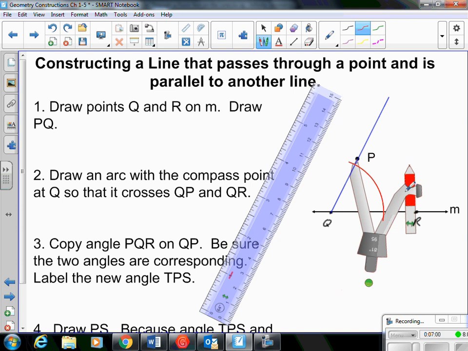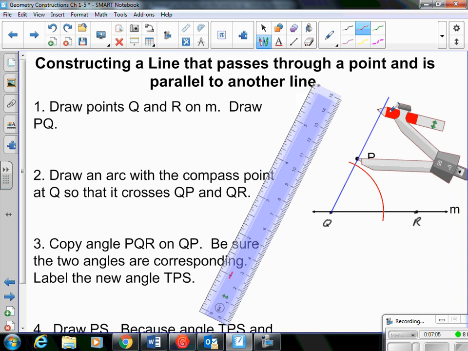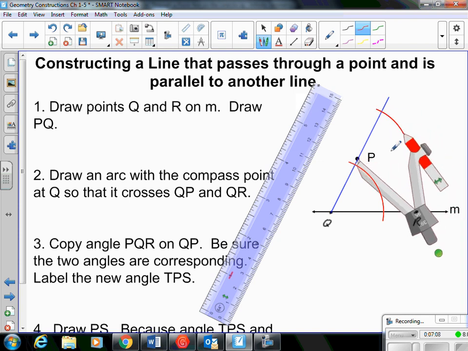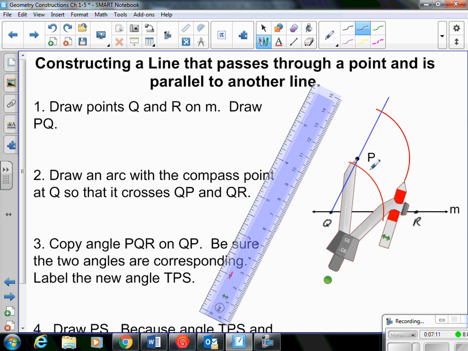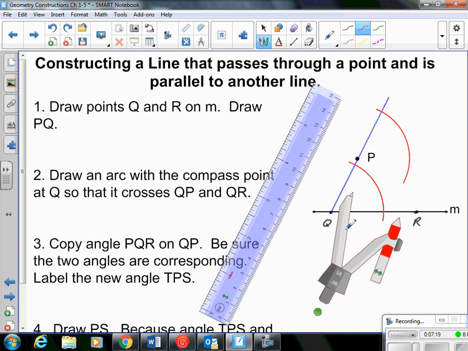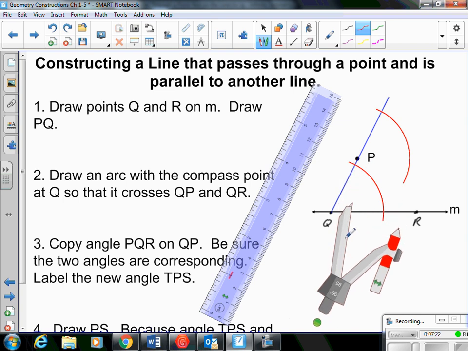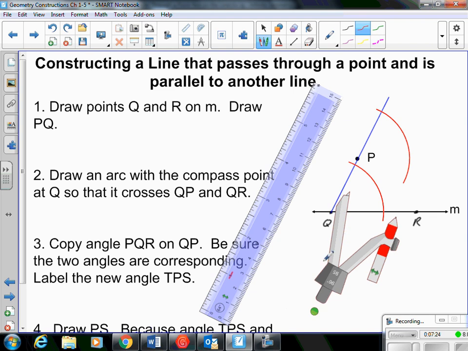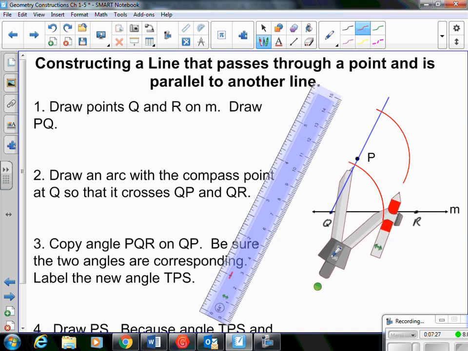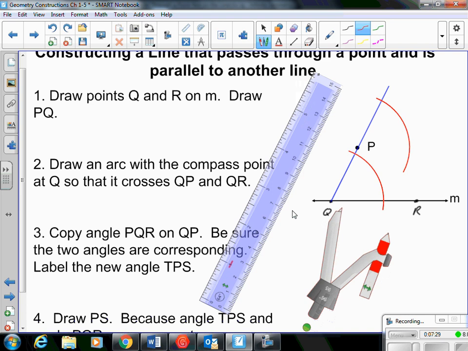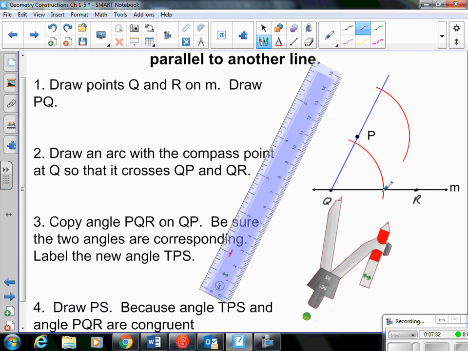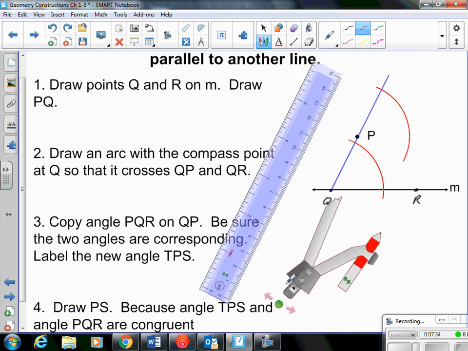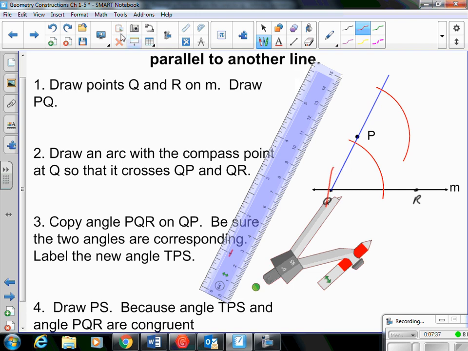So we got our point at P. And we're going to draw an arc from that line on down, making it big enough that when we copy this angle, this arc is bigger than the arc we drew first. And then we want to measure how far it is from this intersection to this intersection.